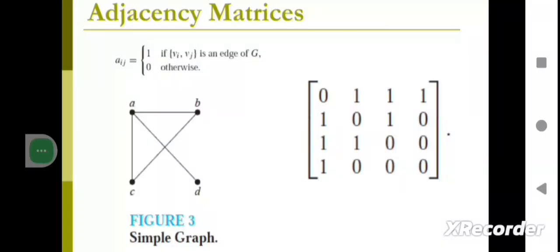Fourth row: D to A there is an edge, therefore the fourth row first value is 1. D to B there is no edge, D to C there is no edge, D to D there is no loop, so the remaining values will be 0. This is the adjacency matrix.